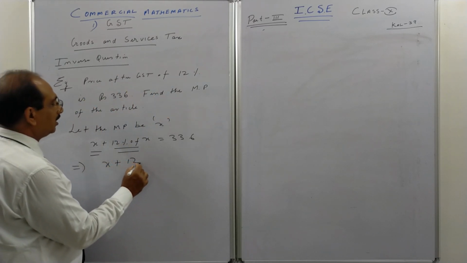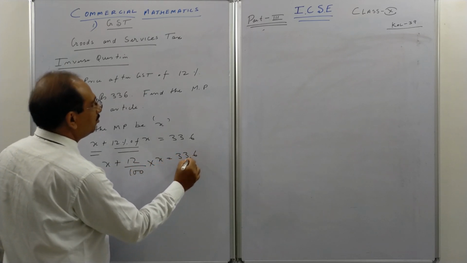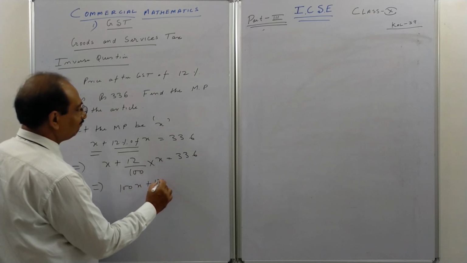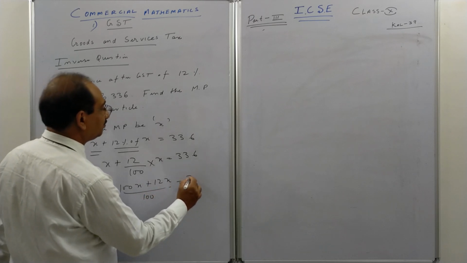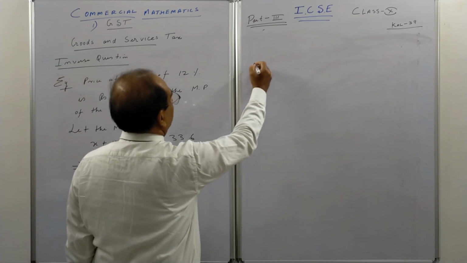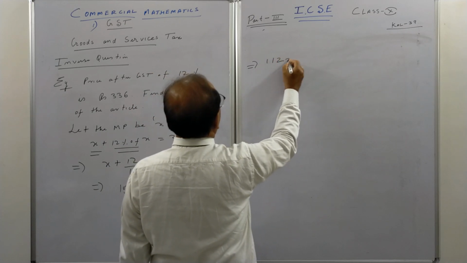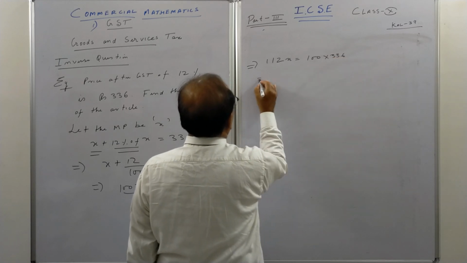So how to solve, children? Percentage goes, 100 comes. So it is simply solving an equation. Then this 100 will go up. 112x is 100 into 336.